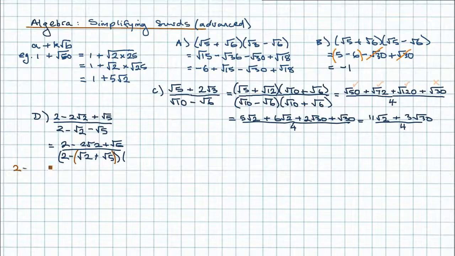So in other words, I've got 2 minus x, where x equals root 2 plus root 5. And what I'm asking is, what is the conjugate of that? Well, the conjugate of that, which I would multiply by so that I would remove my surd, is going to be 2 plus x.